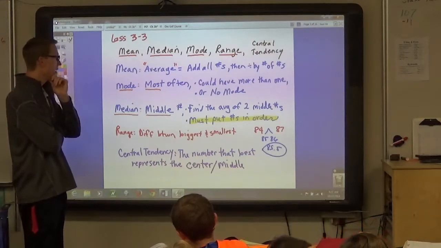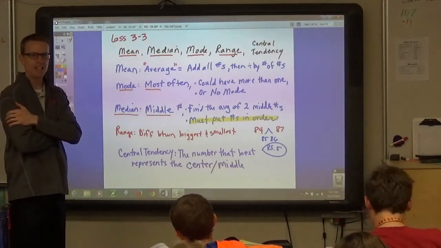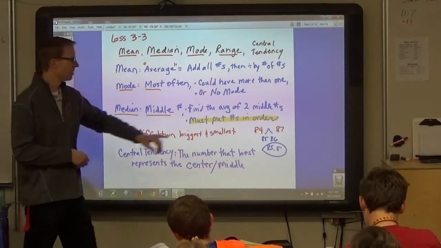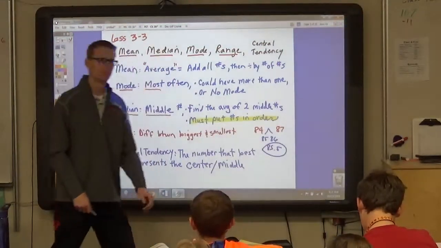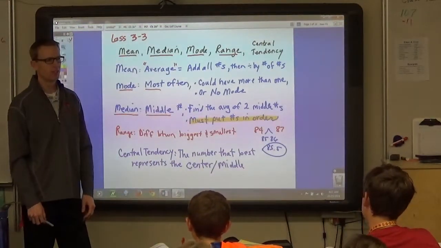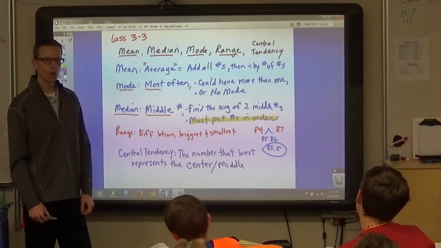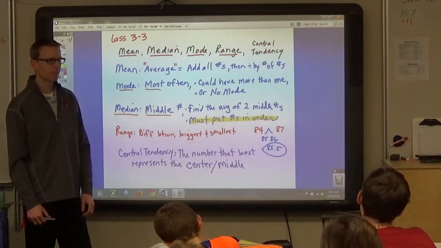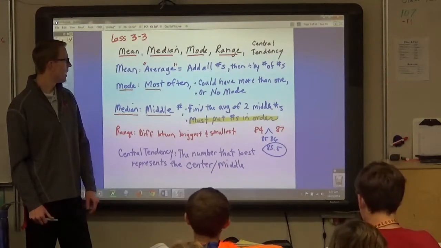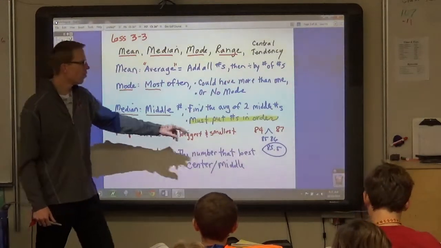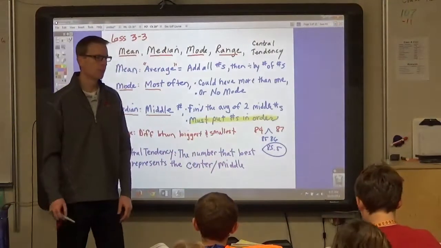So let's say that there are 2 numbers in our set. There is 84 and 87. Those 2 numbers. Okay? There is no mode, right? And there is no middle number because there are only 2 numbers.